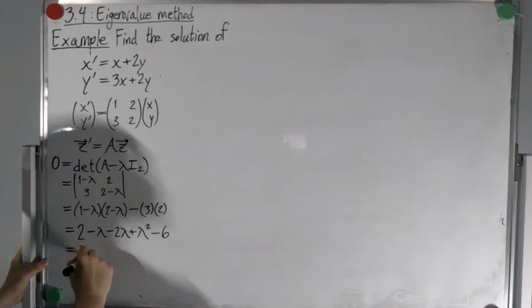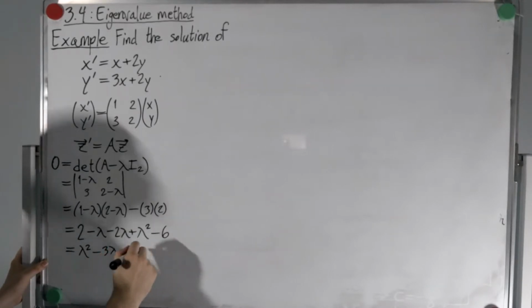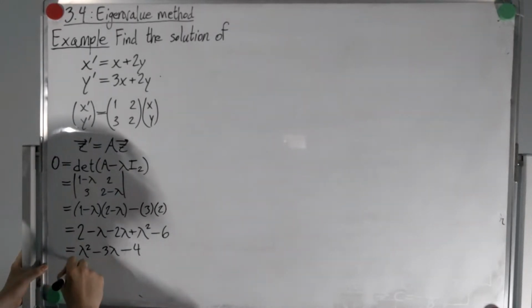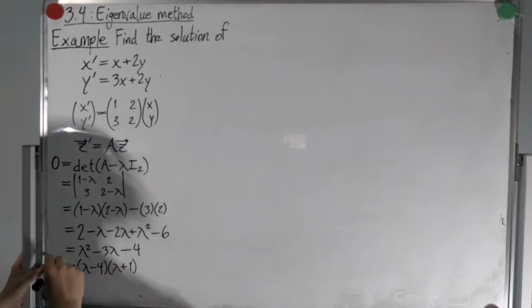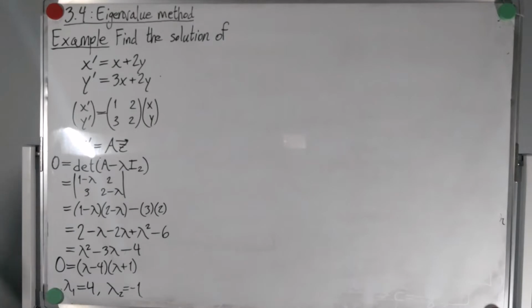This turns into lambda squared minus 3 lambda minus 4. That characteristic polynomial can be factored as lambda minus 4, lambda plus 1 equals 0. So then we get two eigenvalues, 4 and negative 1. Okay?